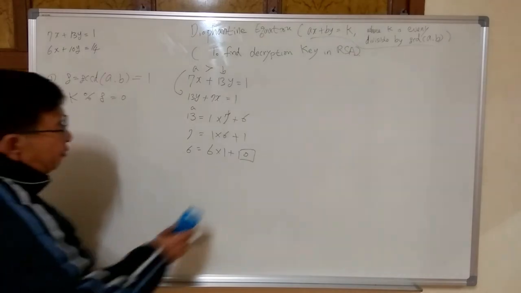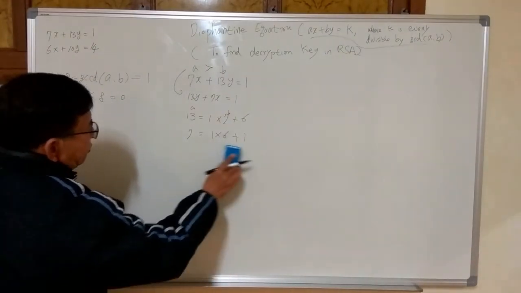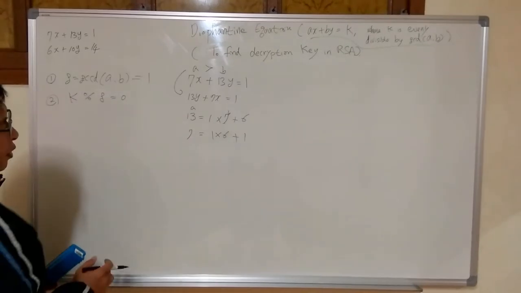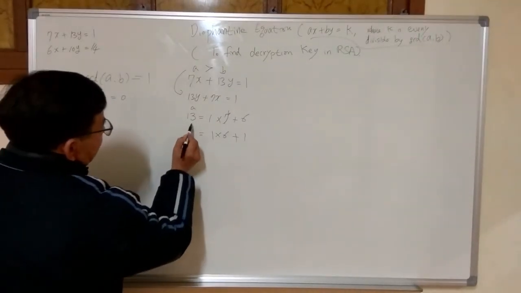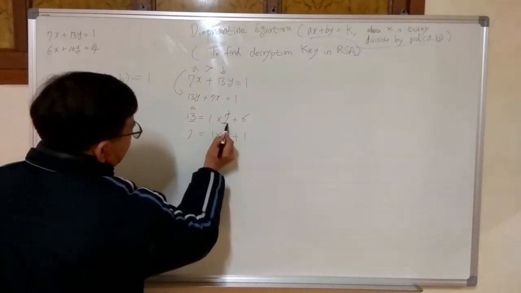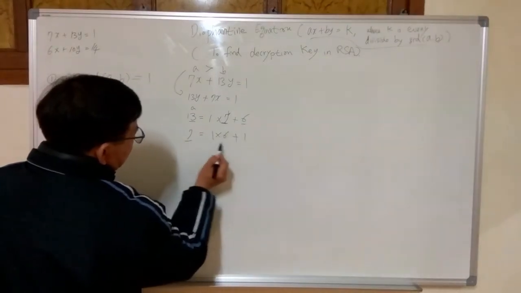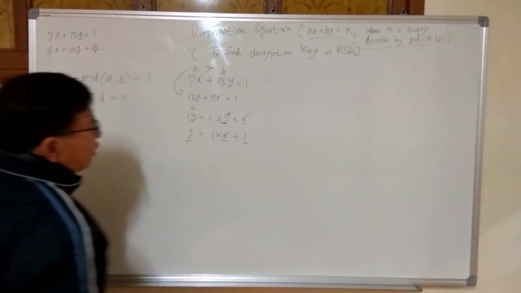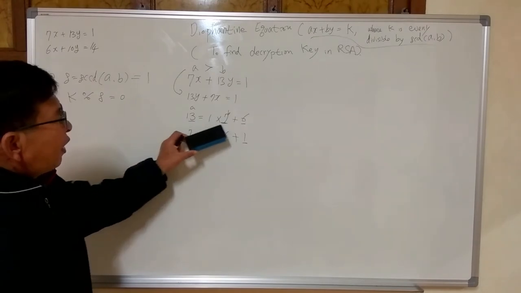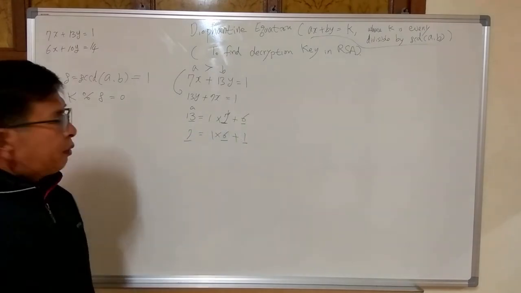Now I delete this, then we underbar like this. We regard all underbarred items as variables.